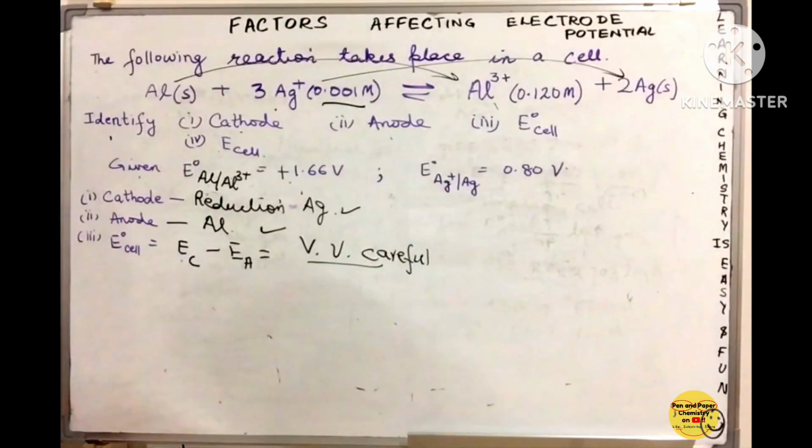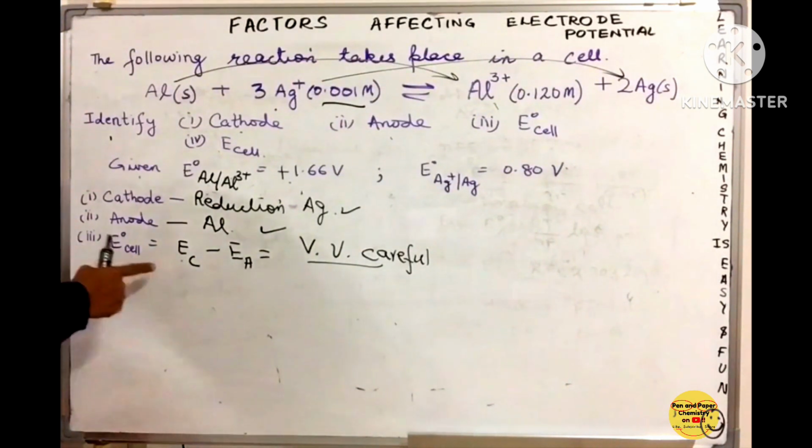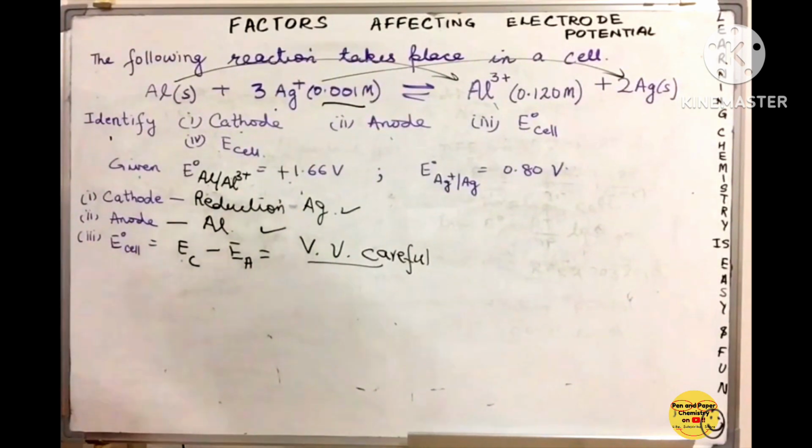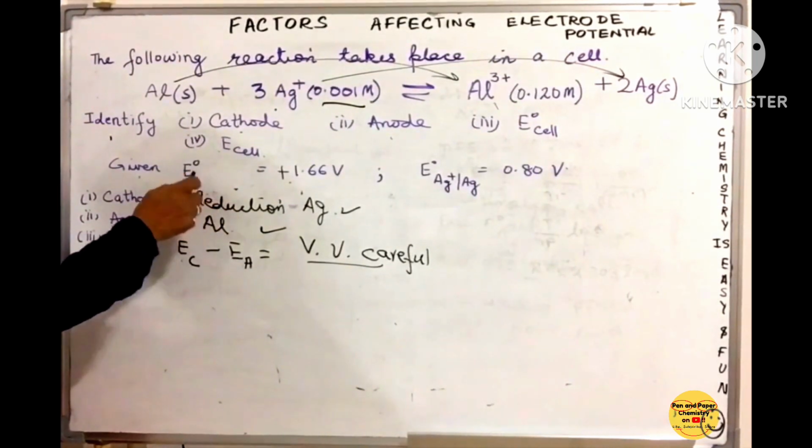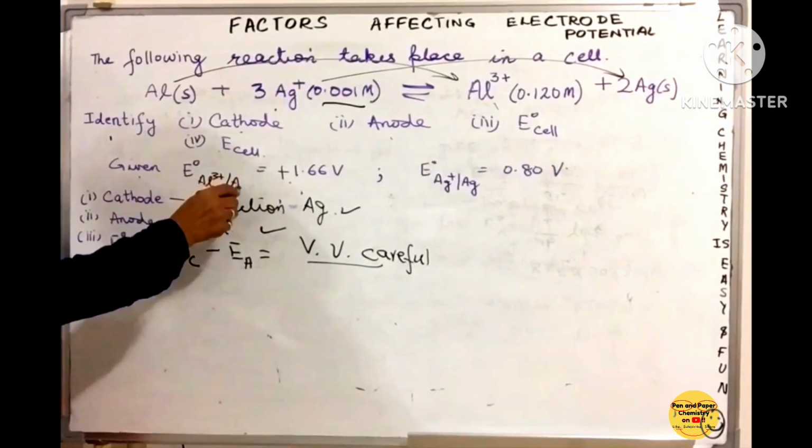This can be a 1 mark or a 2 mark question, but don't be disheartened if you find that you have calculated E naught cell but your answer does not tally. These are reduction potentials, so we have to apply the reduction potential over here.